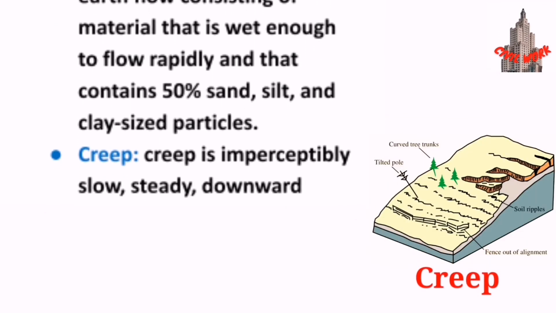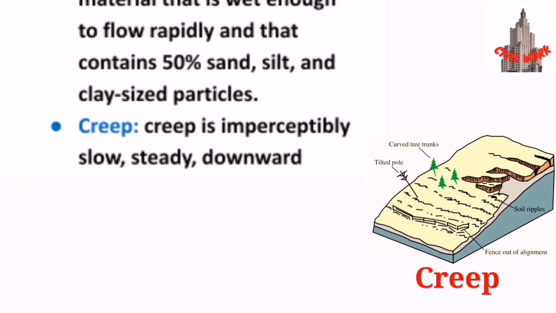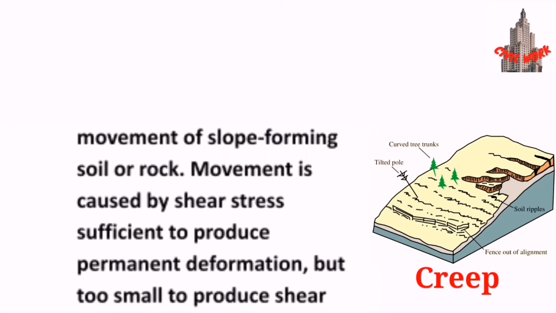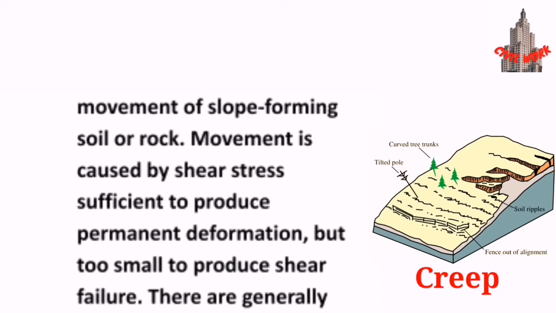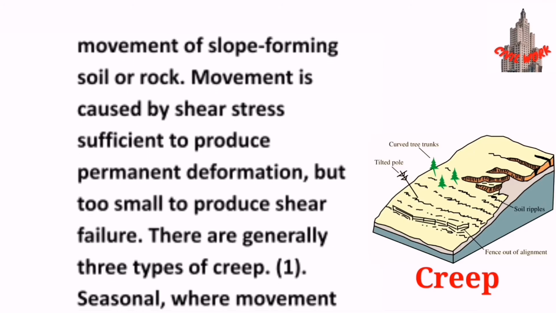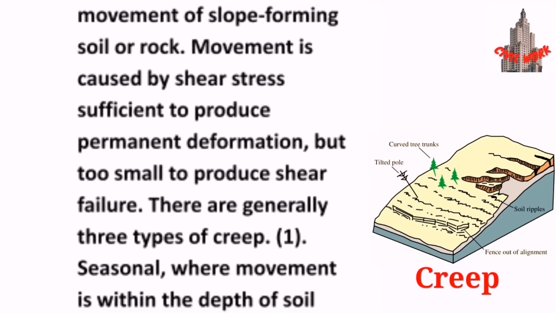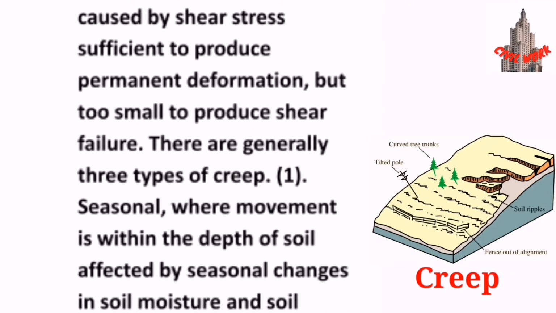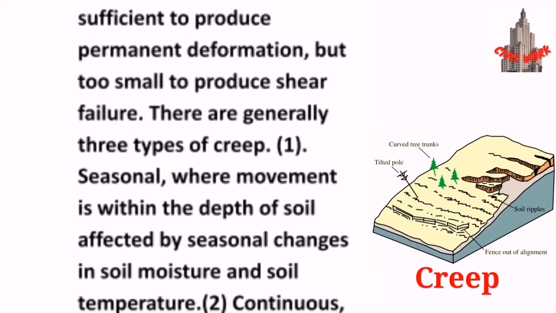Creep. Creep is imperceptibly slow, steady downward movement of slope forming soil or rock. Movement is caused by shear stress sufficient to produce permanent deformation, but too small to produce shear failure. There are generally three types of creep. 1.